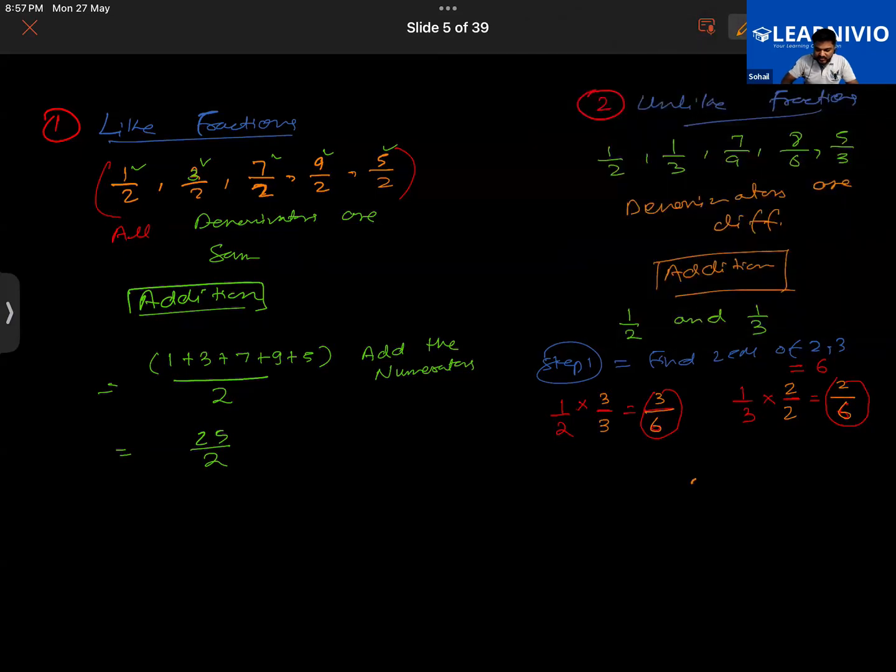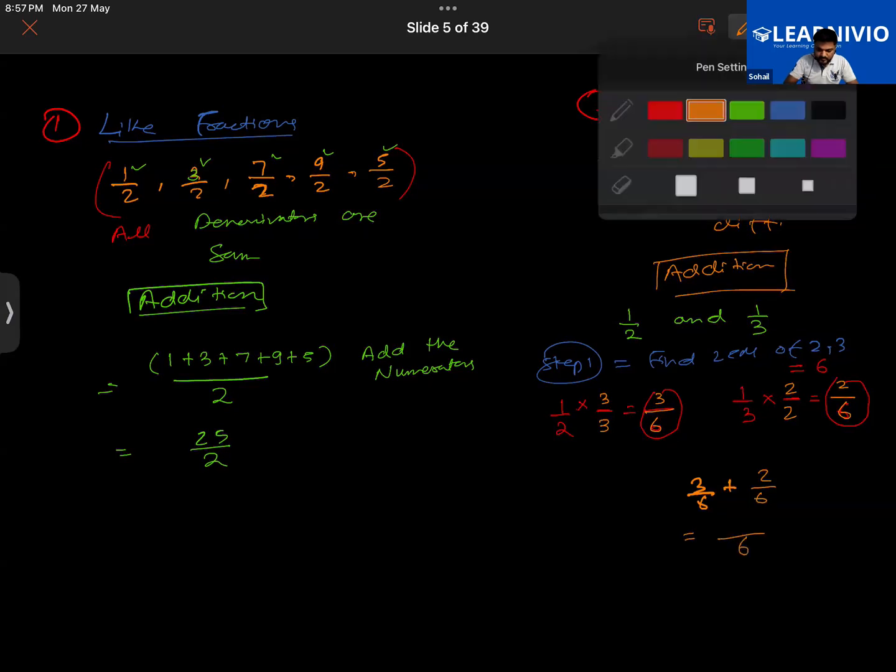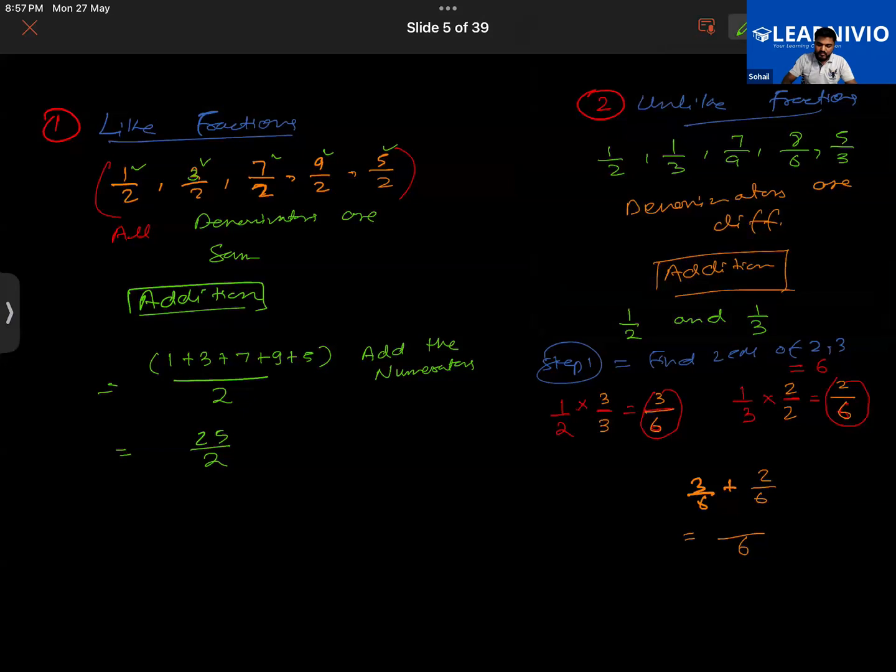So the answer is going to be, add the numerators of these two fractions, 5 upon 6. Okay, did you understand that?